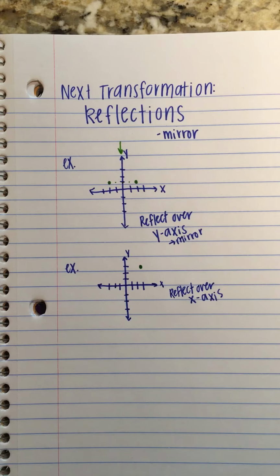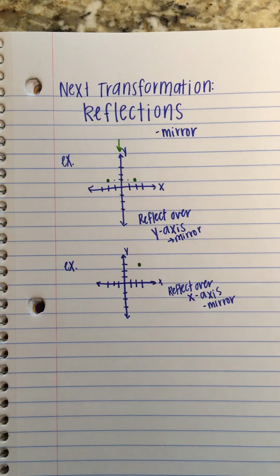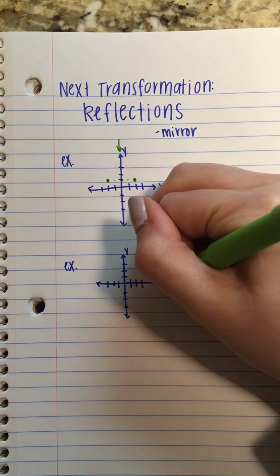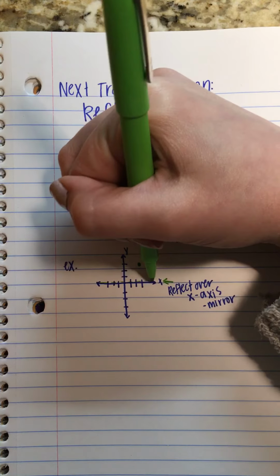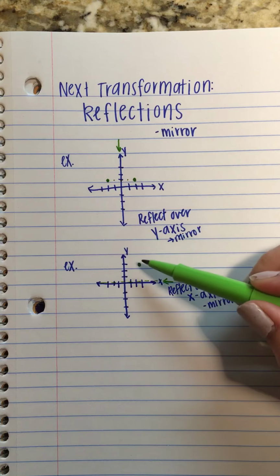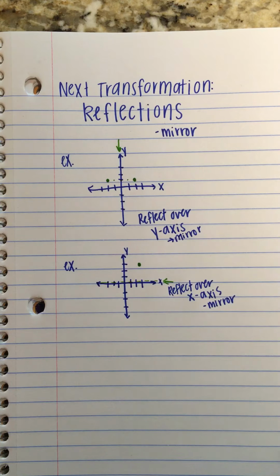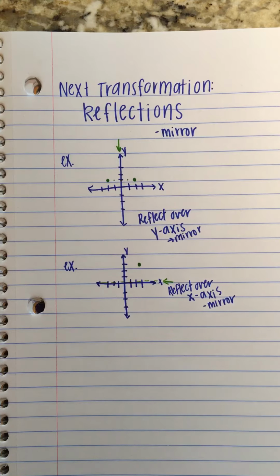So that means my mirror this time is my x-axis. Where's that at? Right here. So this line is my mirror, okay? So if I take this point here, I need to reflect it. So whatever reflection is up here needs to be the same down here.